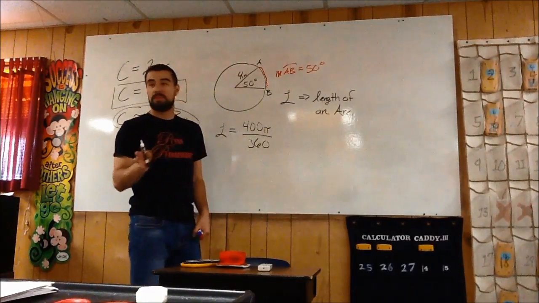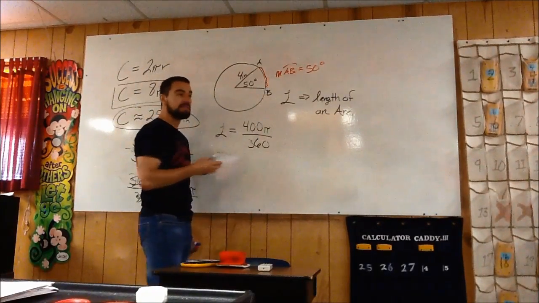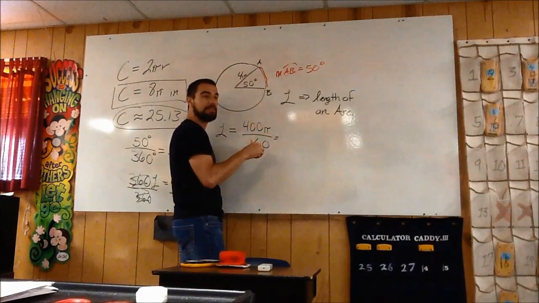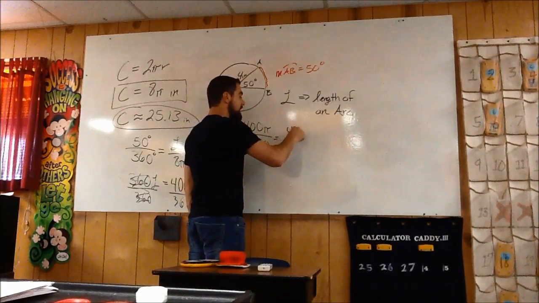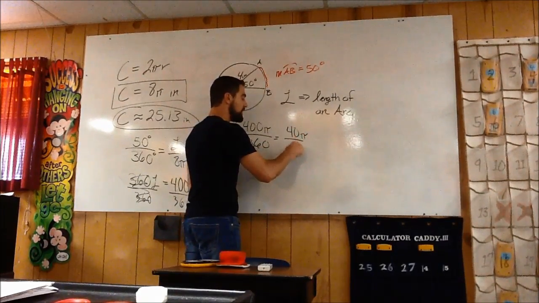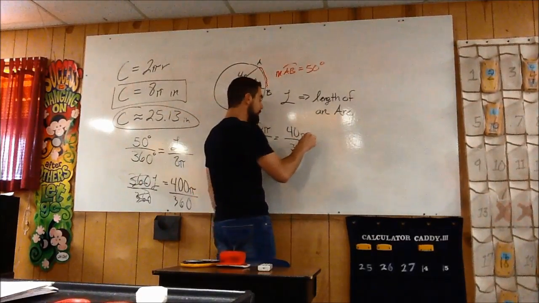But like always, especially back in grade school when you're talking about fractions, we've got to reduce these fractions. So I'm going to divide top and bottom by 10. If I divide top and bottom by 10, I get 40 pi over 36. Well, I can still reduce these. I'm going to divide them by 2.